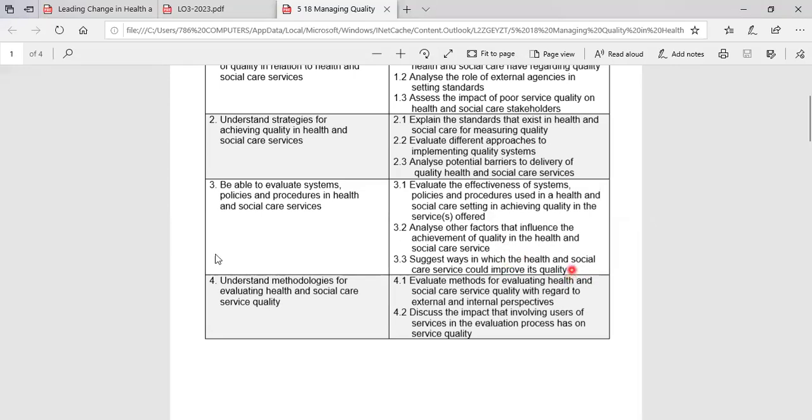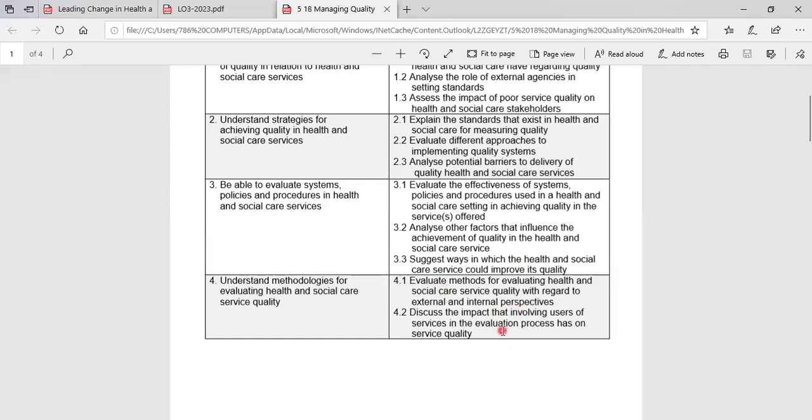And then the fourth bit is understanding the methodology for evaluating health and social care service quality. So you're evaluating methods for assessing health and social care service quality, and this is with regard to internal and external perspectives. So how do they evaluate quality within your organization?